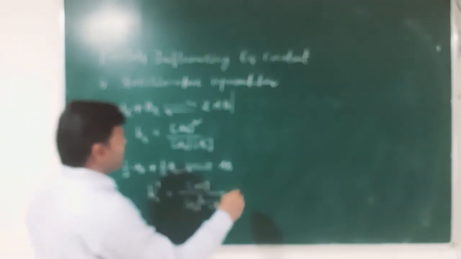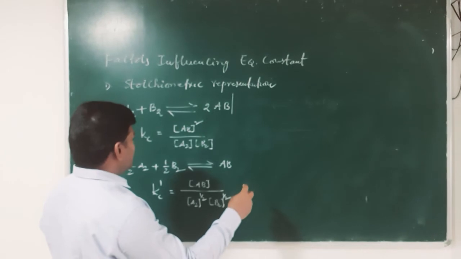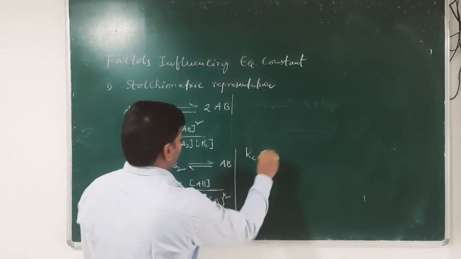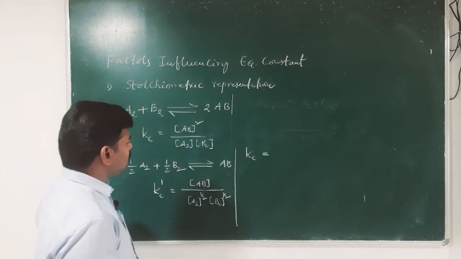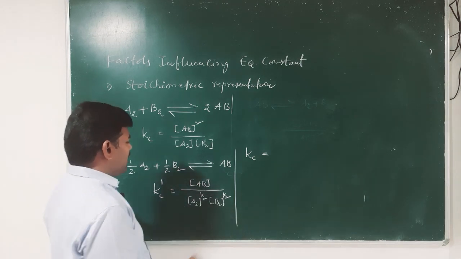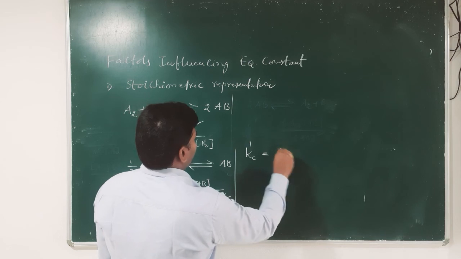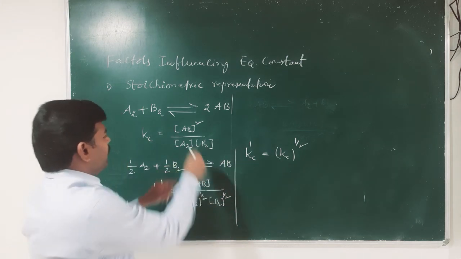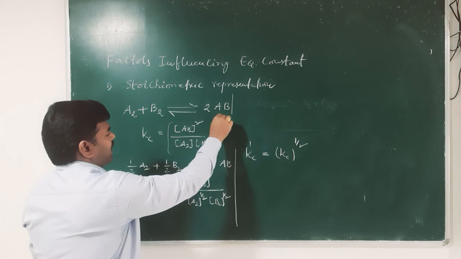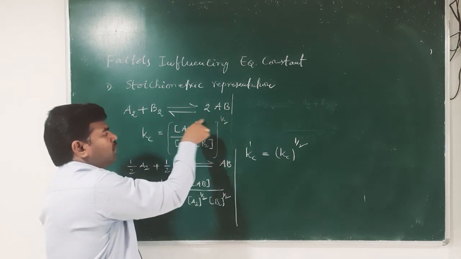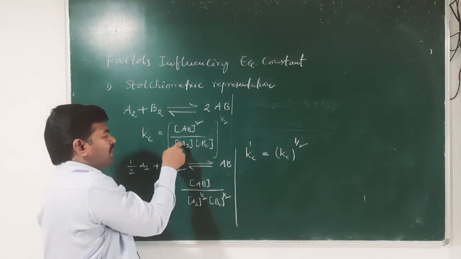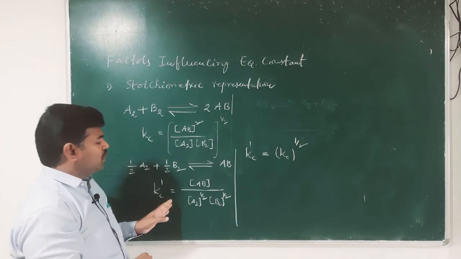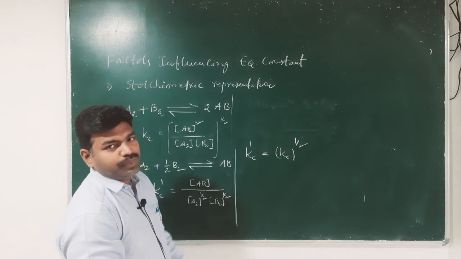So, Kc dash is equal to Kc power 1 by 2, because when we apply a root on Kc, the 2 cancels, and concentration of A2 power 1 by 2 and concentration of B2 power 1 by 2 is equal to Kc dash. So, Kc dash is equal to Kc power 1 by 2.